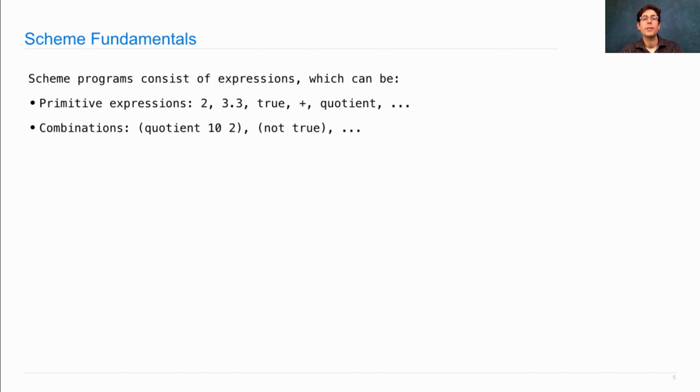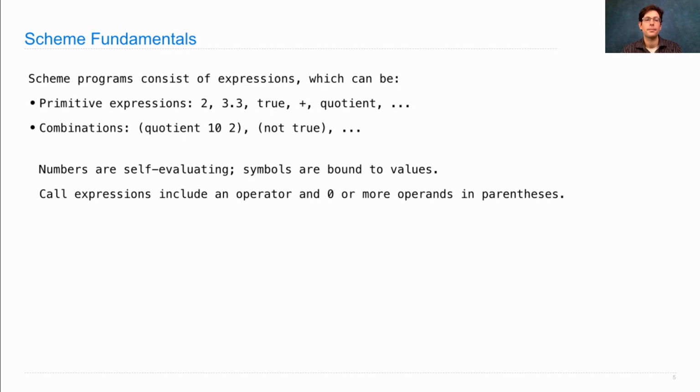And there are combinations. So a combination looks like an open parenthesis, and then some other expressions, and then a closed parenthesis. And in this way, we can express the quotient of 10 and 2, which is 10 divided by 2 is 5. Or we can express through combination that not true is false, etc. So numbers are self-evaluating, but symbols are bound to values.